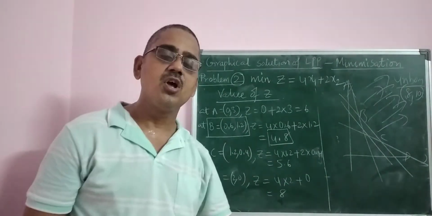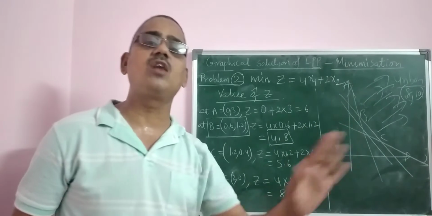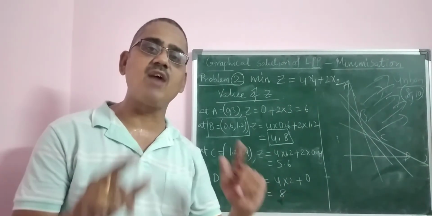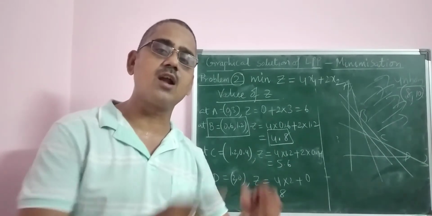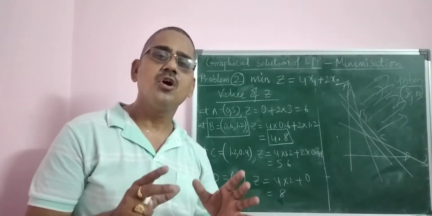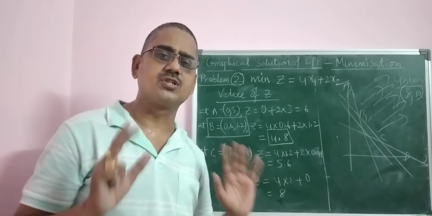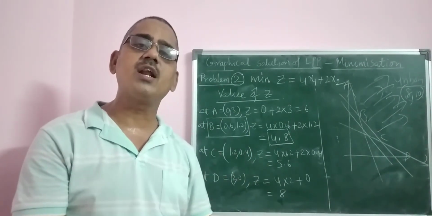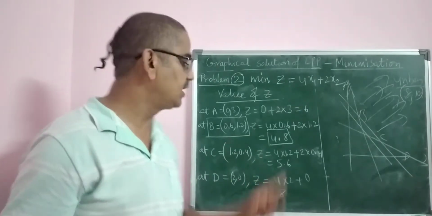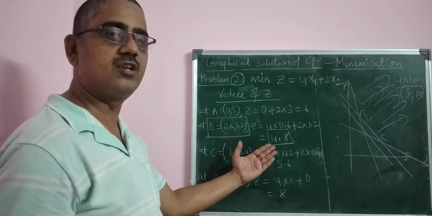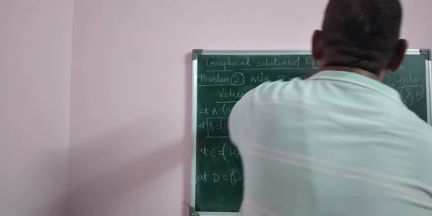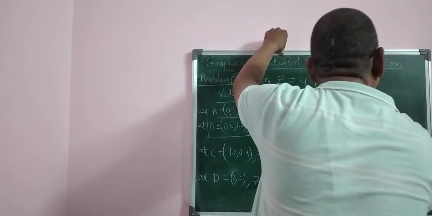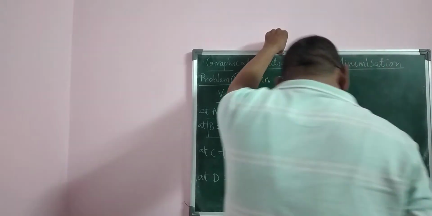I conclude: the minimum value exists, but the maximum value cannot be attained for an unbounded region. That is called an unbounded solution, which I will discuss in another class. So for a particular unbounded region, the minimum value can exist. Therefore, it is an unbounded feasible solution.